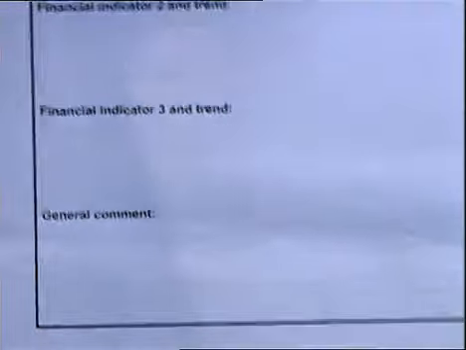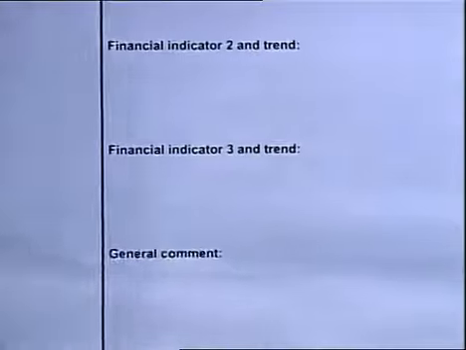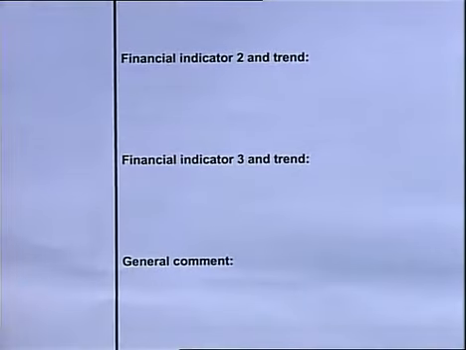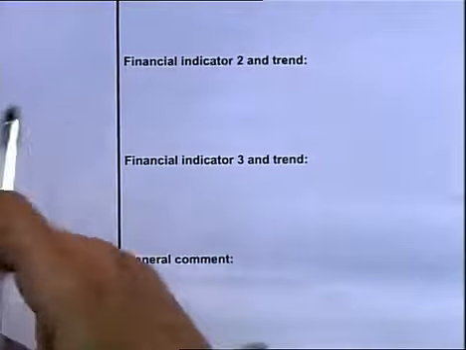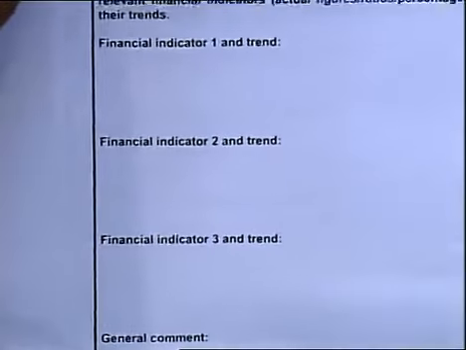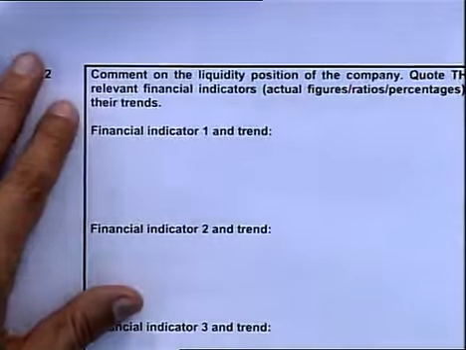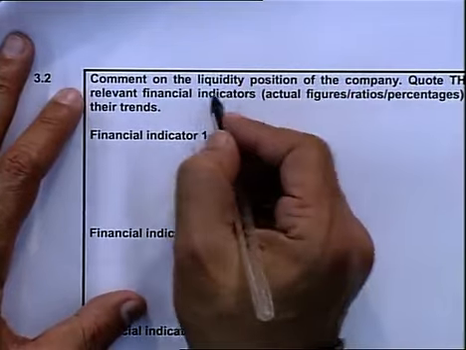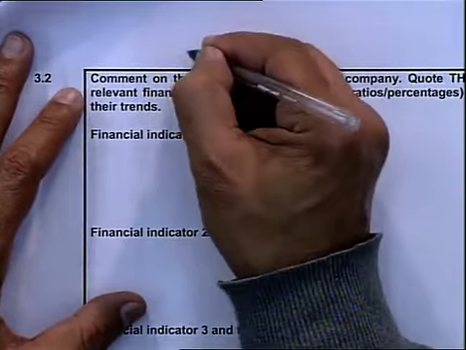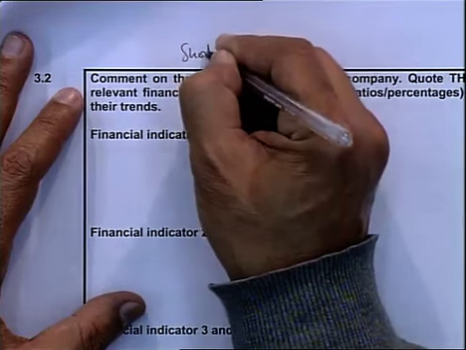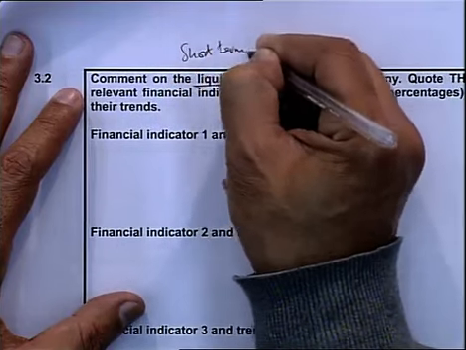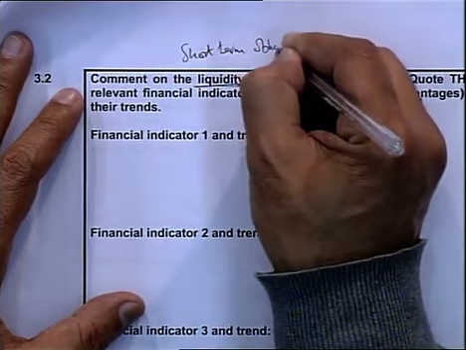Right. Then, what do they want now? By 3.2, it says comment on the liquidity. If you're looking at liquidity, we're looking at short-term obligations.